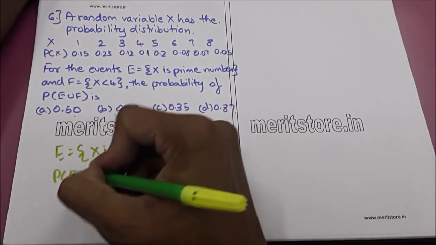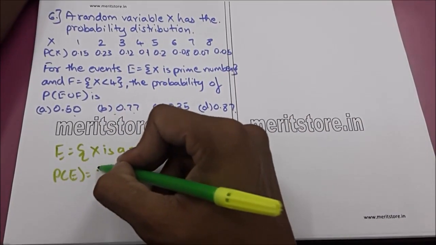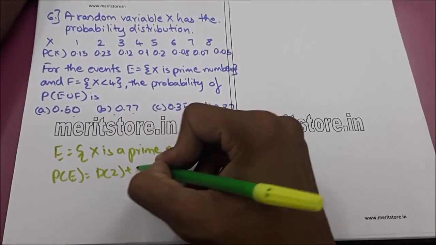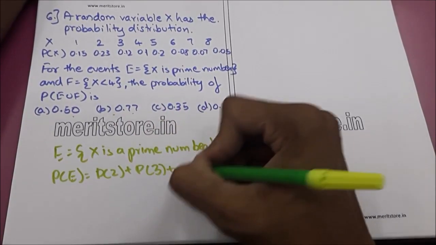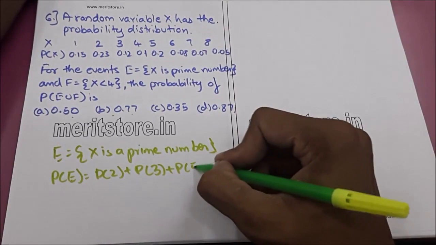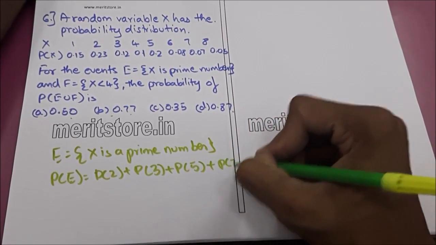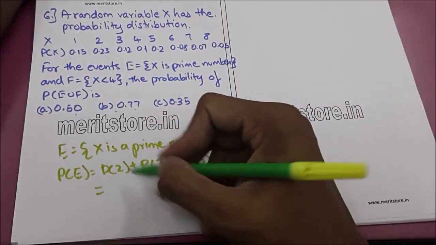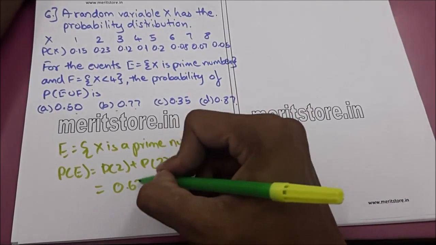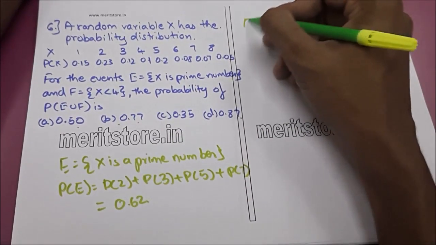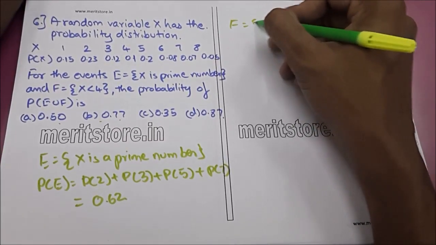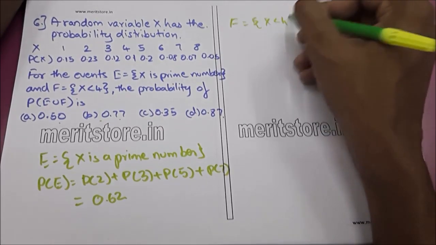so for probability of E we get P2 plus P3 plus P5 plus P7, which is equal to, when we solve this, 0.62. And for F we know that x is less than 4.